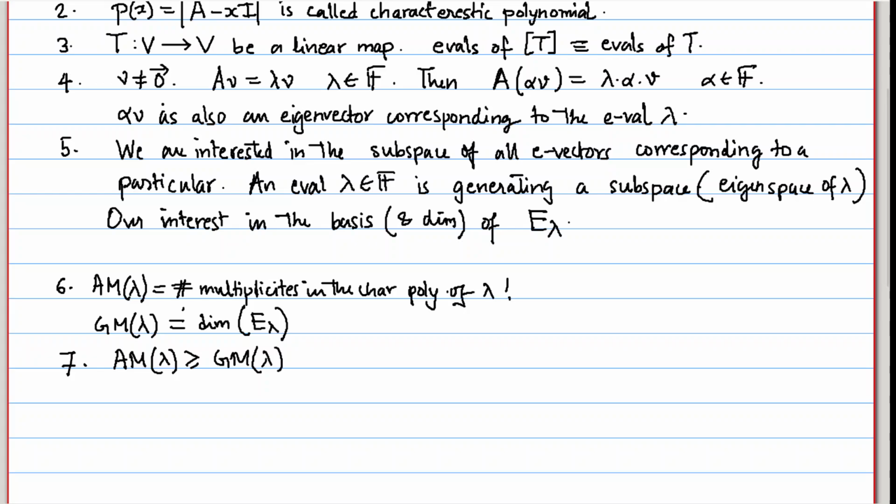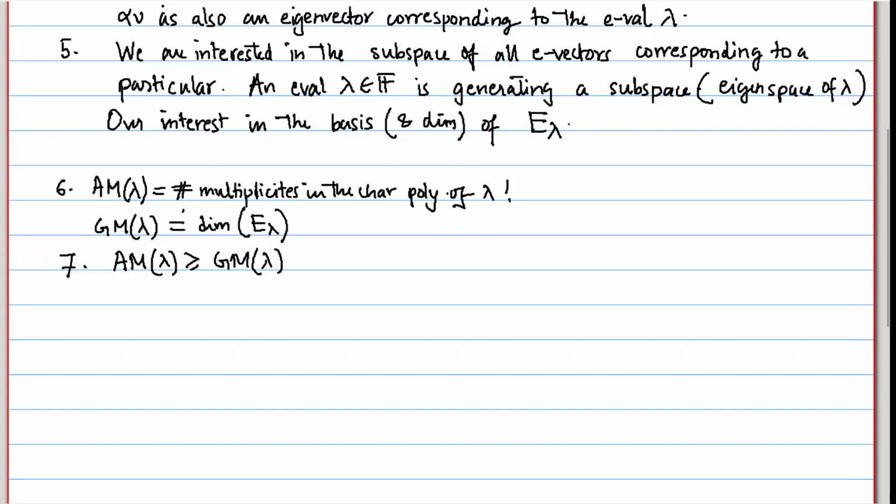All right, so let's look at the proof of why the algebraic multiplicity is bigger than or equal to the geometric multiplicity, right?